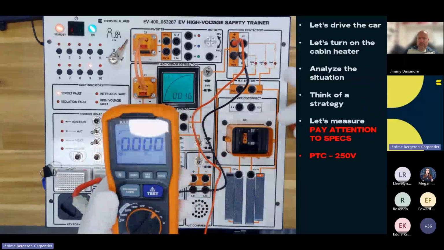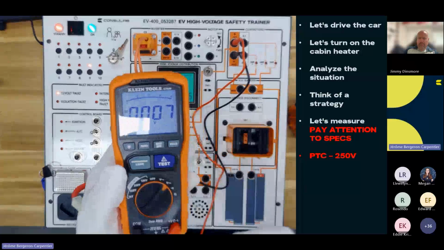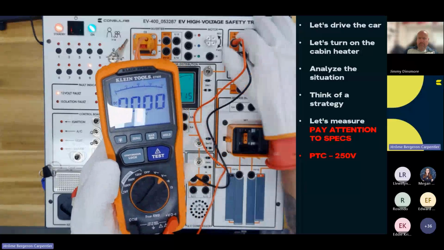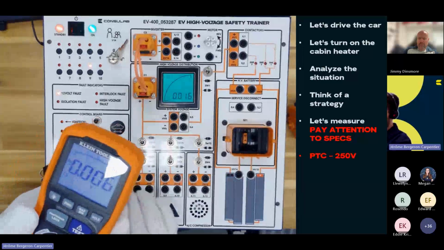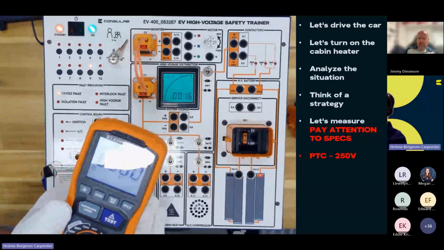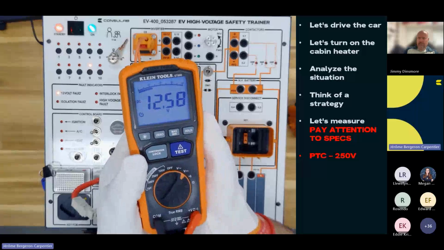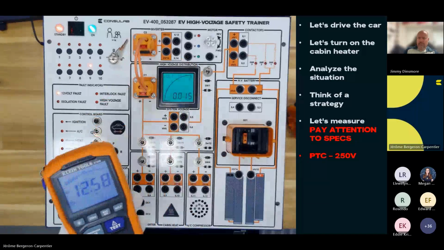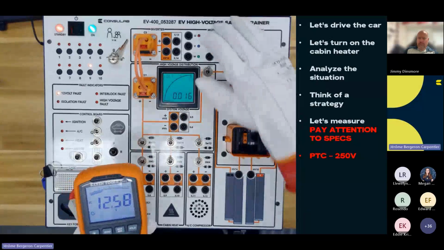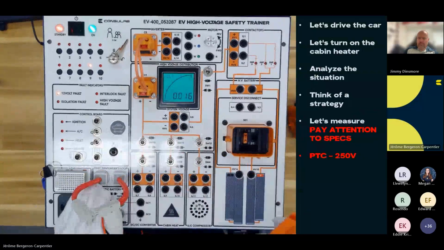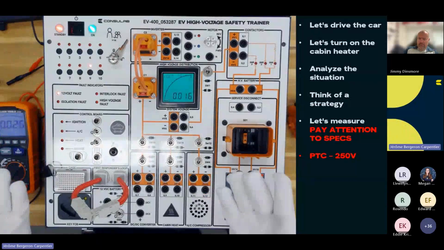Since the contactors are supposed to be open, we have 0 volts, and we're going back to the 12 volt battery just to make sure that the meter is still good, and we should read about 12 volts. So here we go. We know that the meter is good. We have 0 volts on the high voltage side. So technically, the vehicle is safe to be worked on.